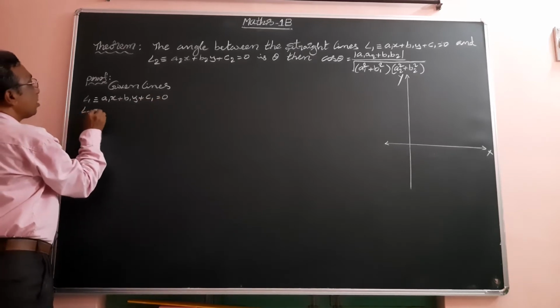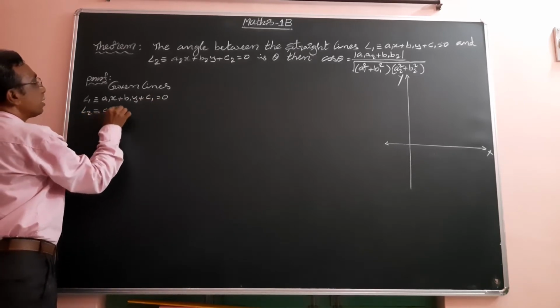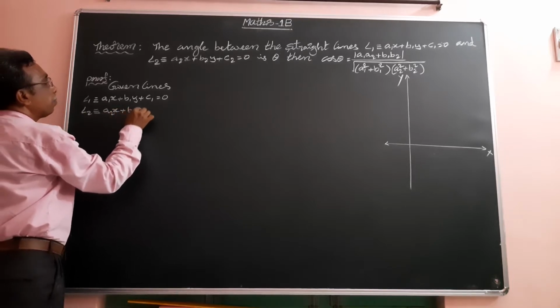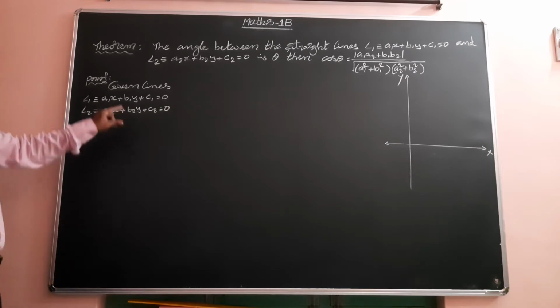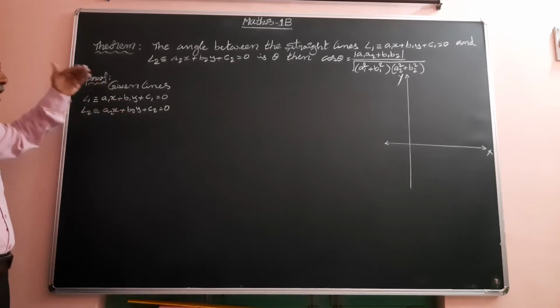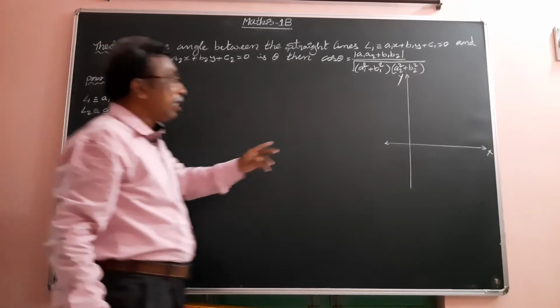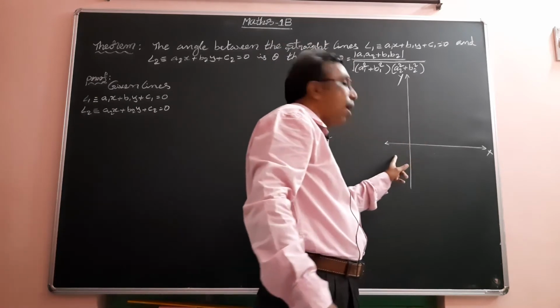L2 is congruent to A2x plus B2y plus C2 equal to 0. The given lines are these two. Now these two lines pass through the origin.